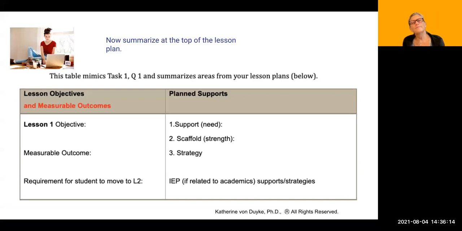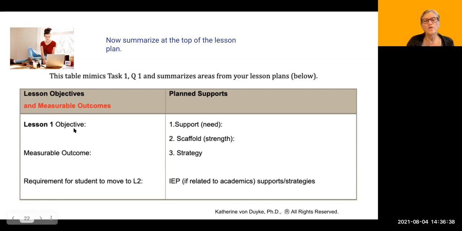Okay, so then at the top now of the lesson plan graphic that I gave you, it really mimics task 1, question 1, where they ask you to summarize your lesson objectives and your planned supports. I add measurable outcomes here because they want to see that, but they don't ask for it here in this table. They ask for it later.